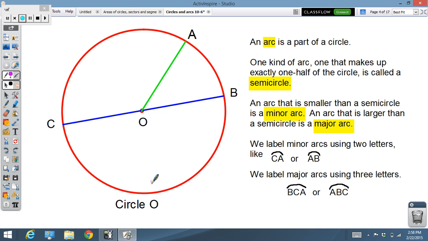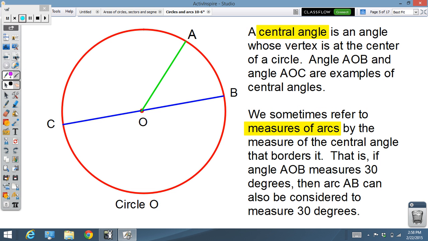Okay, good enough. Continuing. Now, a central angle is an angle whose vertex is at the center of a circle. So angle AOB is a central angle. So is angle AOC. Anything with a vertex here at the center of the circle is called a central angle. Okay, now we can refer to the measure of the arc by referring to the measure of the central angle that cuts it, okay?